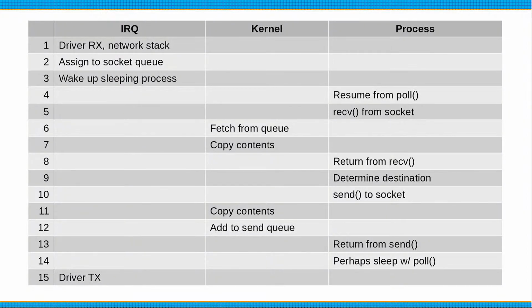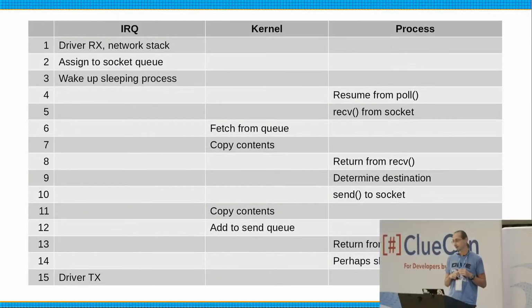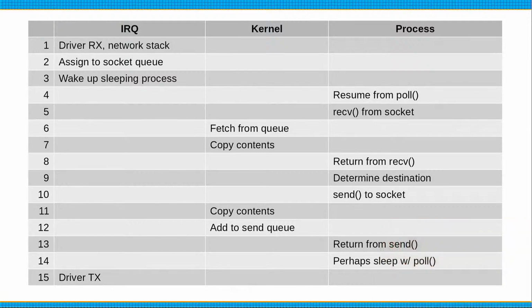Typically, the process would be sleeping at that point, like in a poll or something. It would wake up, it would see, okay, there's activity on this socket, and then it would read from the socket. At this point, execution transfers to the kernel. The CPU needs to do a context switch.